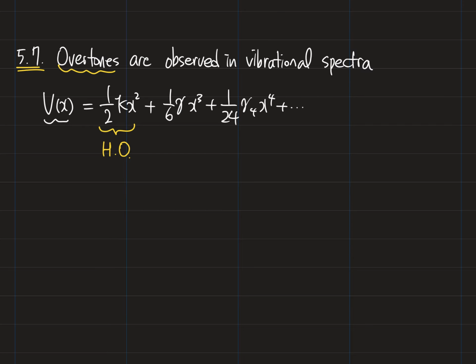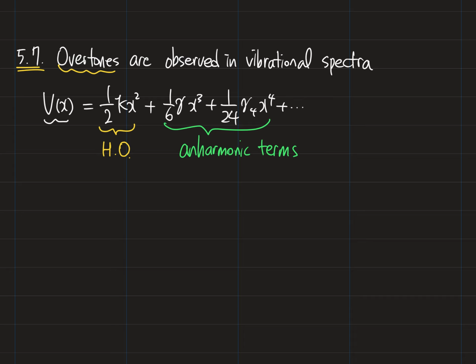The terms beyond the first one, the third order and fourth order, are the anharmonic terms. Even though they are very small, they are still responsible for the deviation from the ideal harmonic oscillator.